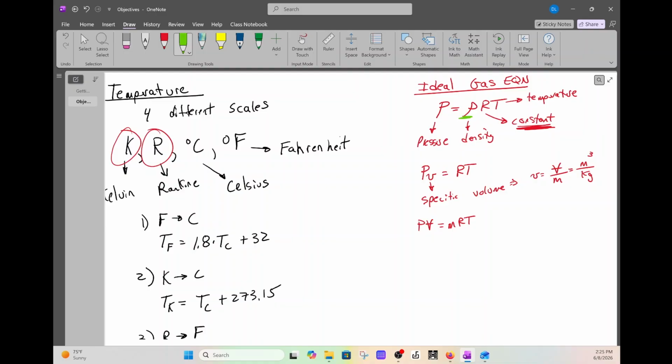So PV equals MRT. So you got 1, 2, 3 similar equations. Okay. And this is the ideal gas. This is only for gas that relates pressure, temperature, and density. Okay, let's just keep going.